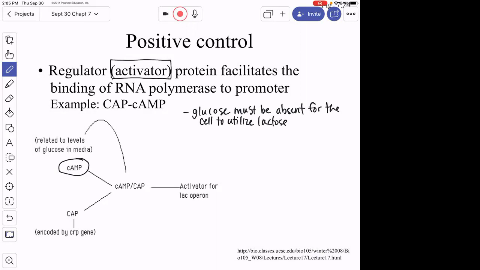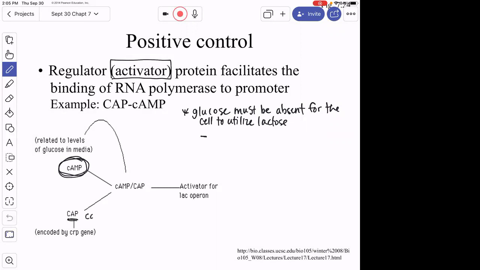Let's just make sure we got that straight. The levels of cyclic AMP in the medium are going to be inversely proportional to the levels of glucose. And when there's lots of cyclic AMP, it's going to bind to this CAP protein.